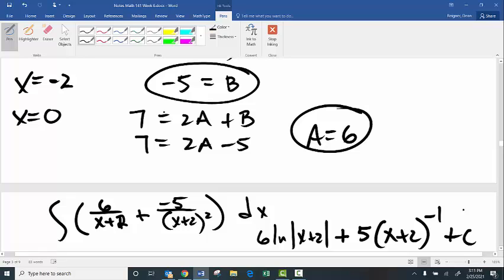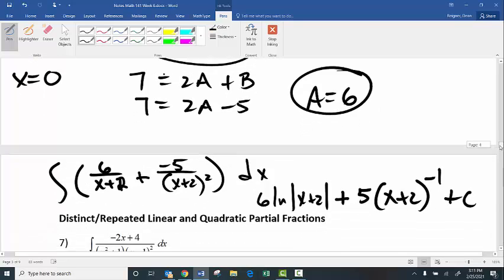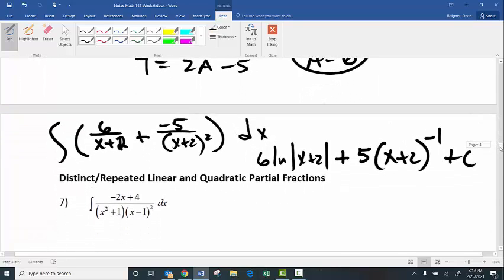So your answer is 6 ln absolute value x plus 2, end your absolute value, plus 5 times x plus 2 to the negative 1 plus c. So that's what's called a repeated linear partial fraction problem.